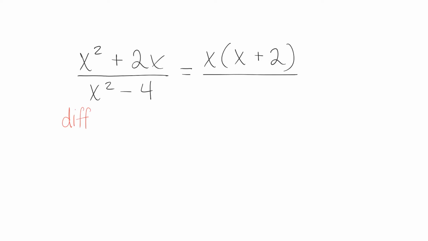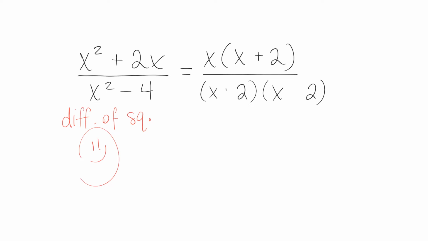It's a difference of squares. Tricky. x squared is a perfect square and 4 is a perfect square, and they're subtracting. So we know that when we factor a difference of squares, the square root of x squared is x and the square root of 4 is 2. So we're going to have x plus 2, x minus 2.